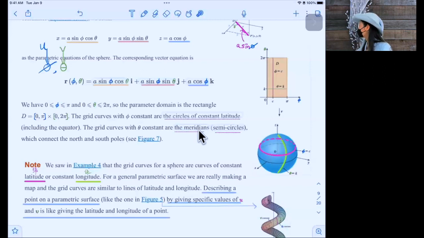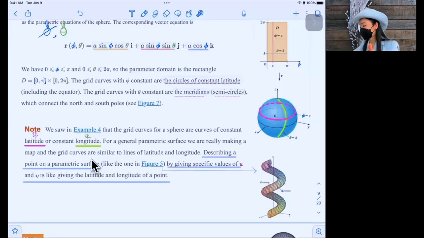Meridian? Okay, meridian. A semicircle. The green one I highlighted over here is the meridian. This semicircle connects the north pole and the south pole right here. So the grid curves will be circles like this; those are the latitude, and this one here is kind of like the longitude.